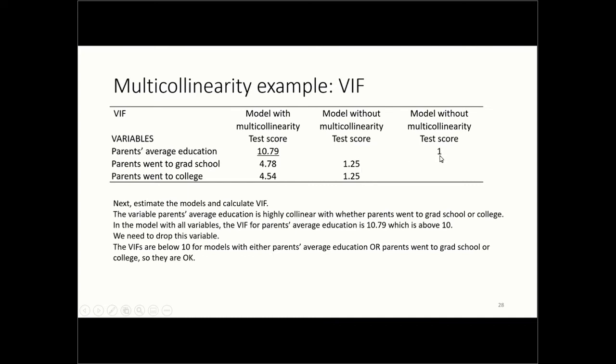And the VIF when we have one independent variable is equal to 1. So these two models are fine because the VIFs are less than 10. But this model is problematic because the VIF for this variable is above 10, and we definitely need to drop this variable, average education. It's better to estimate either this model or this model.